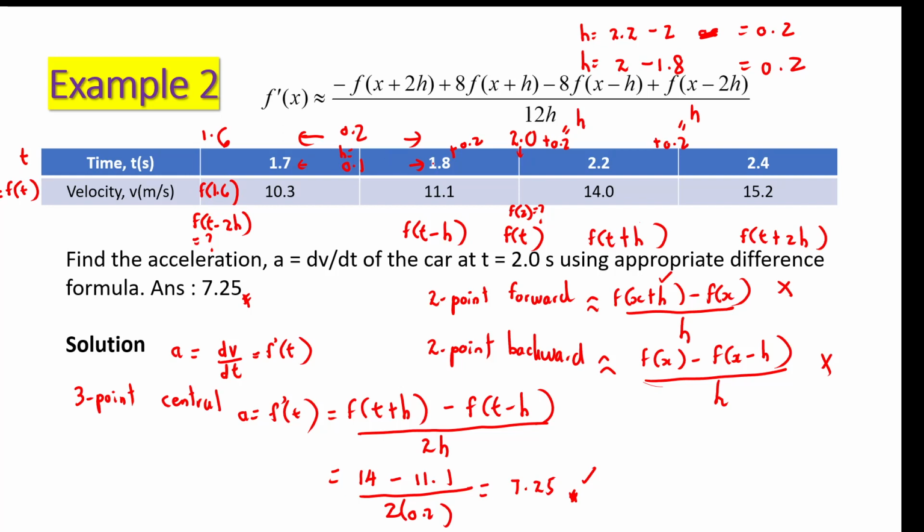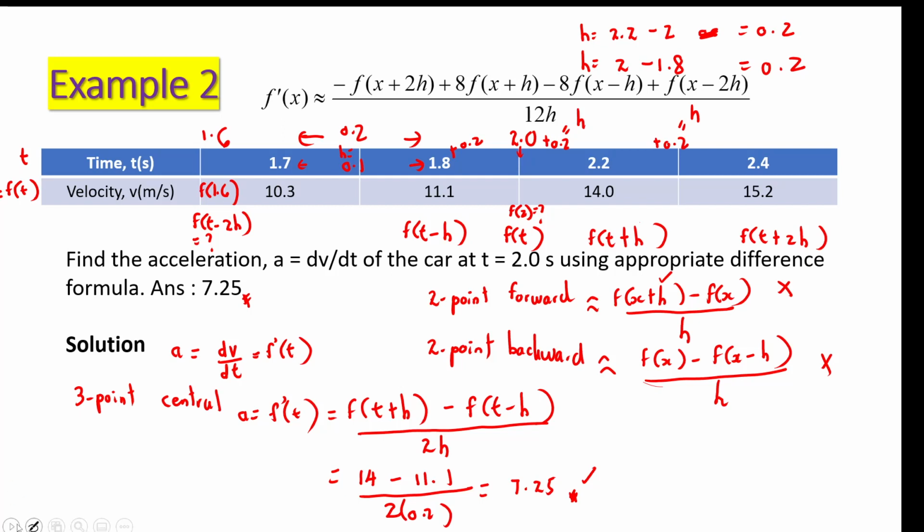For 1.8, you should minus 0.2 to get 1.6, but in this case you don't have it. You have 1.7, and 1.7 to 1.8, the h is 0.1, not 0.2. So that's why the 5-point formula cannot be used. Is it okay? Okay, doctor.